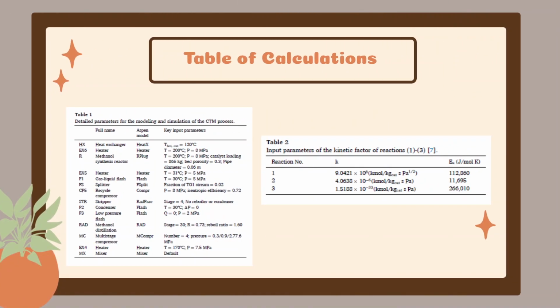Here we can see the calculation done throughout the CTM process, which includes the detailed parameters for the modeling and simulation of the process, and the input parameters of the kinetic factors of reactions 1, 2, and 3.